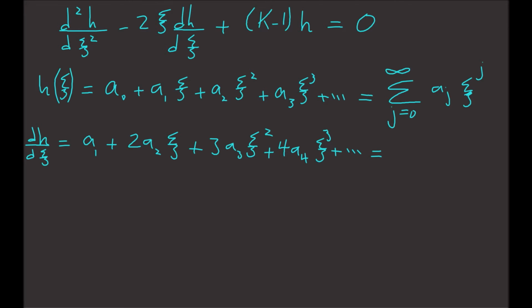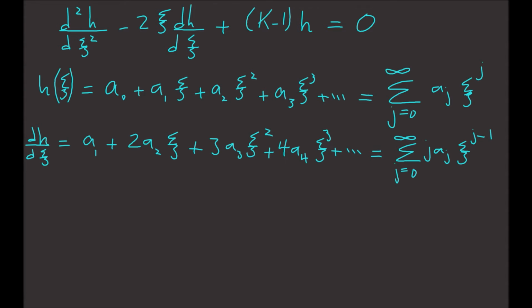In general terms, this is equal to the summation when j starts from 0 all the way to infinity of j times a sub j times squiggly to the j minus 1.